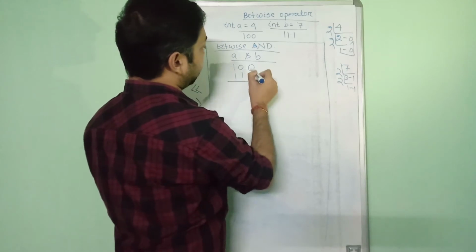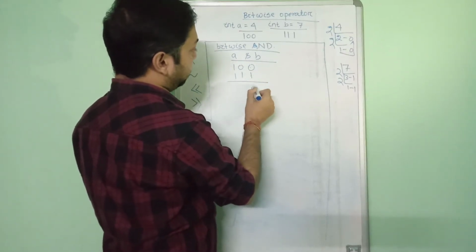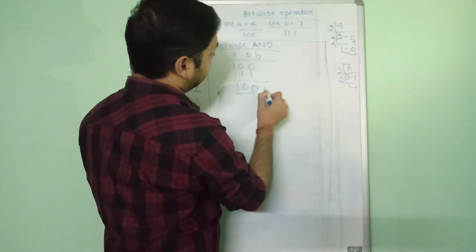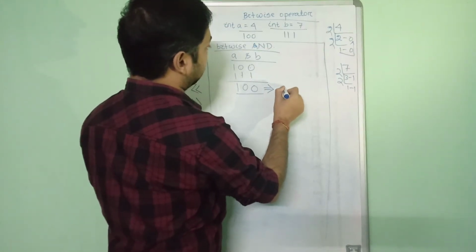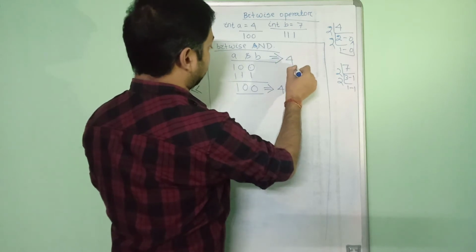You can apply the same concept here, that is the logical truth table: 0 and 1 is 0, 0 and 1 is 0, 1 and 1 is 1. When you convert 1, 0, 0 into decimal, that is 4. So A and B gives the answer 4.